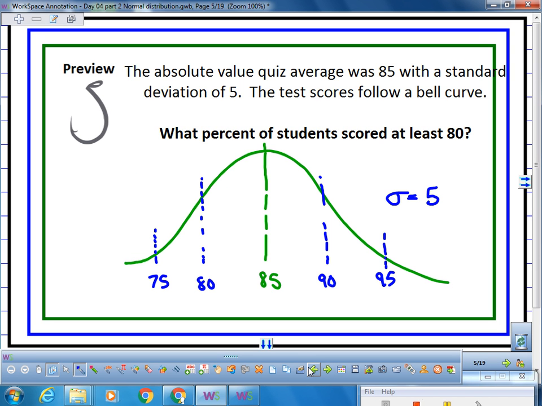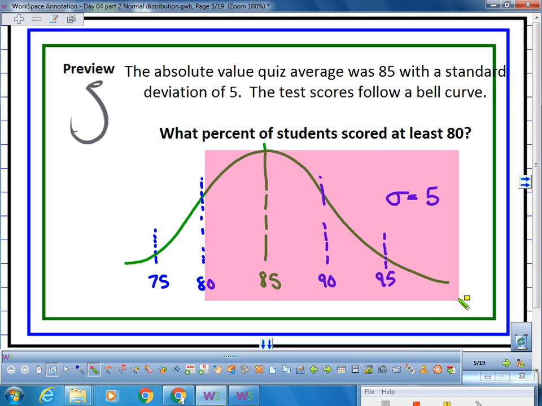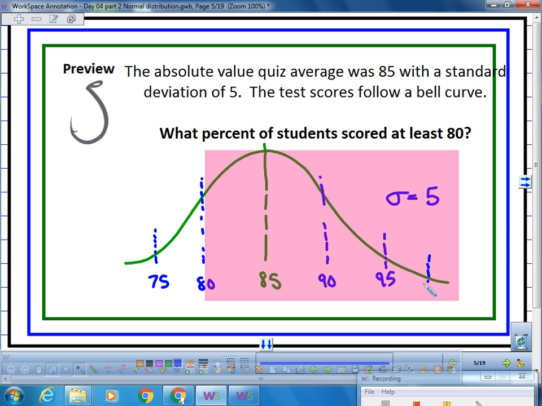Let's answer the question. What percent of students scored at least 80%? So if we were to say that, then I'm saying that the highest score is going to be 100. Can somebody tell me how many standard deviations 100 is away from the mean?